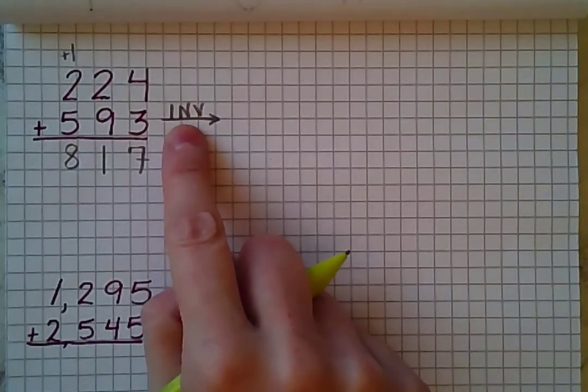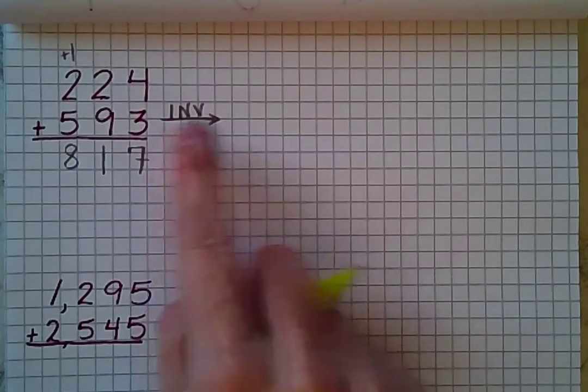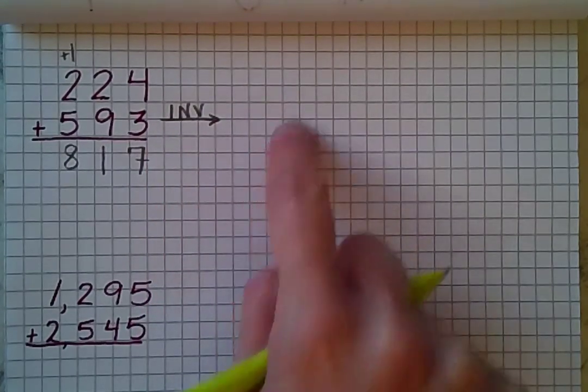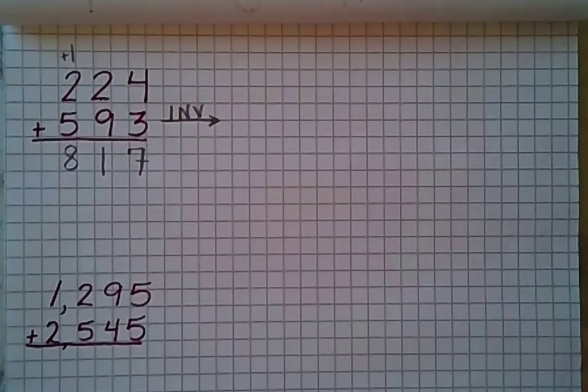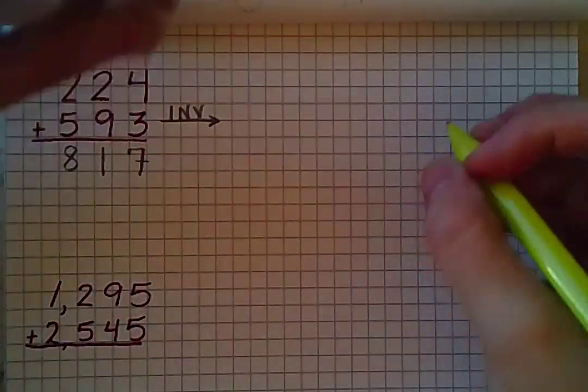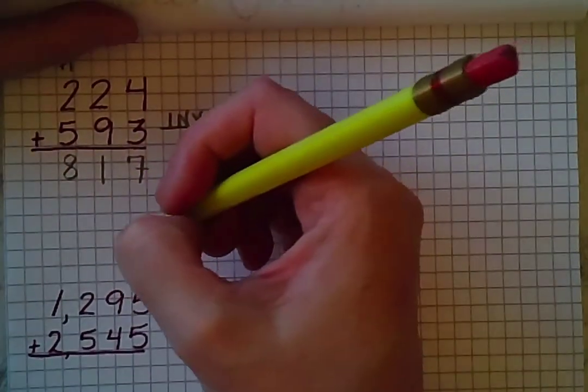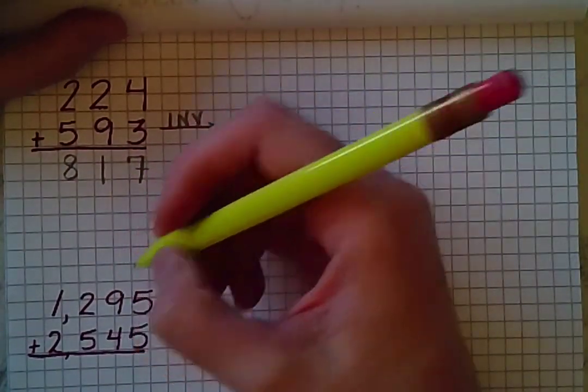This means inverse, and what this is showing is that this is going to be the inverse operation for this equation. So let's write it. We start at the bottom and we go up.